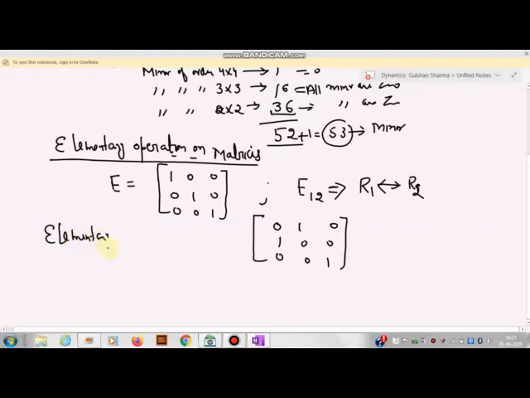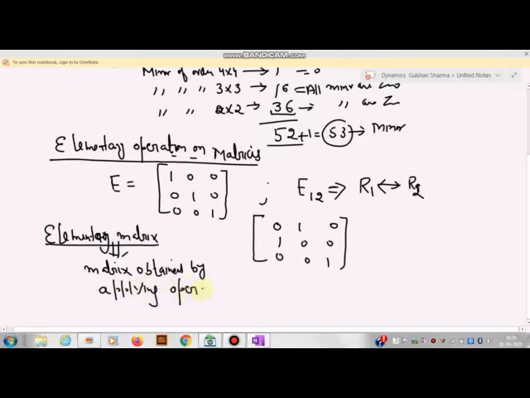The elementary matrix is obtained by applying operations. Operations mean interchanging rows, adding the first row into the second row, and so on. There are 3 types of operations.